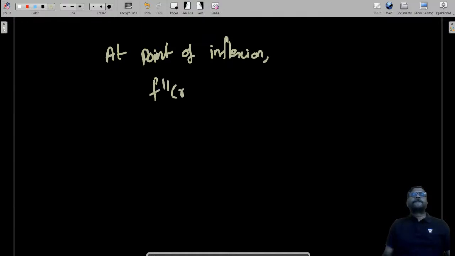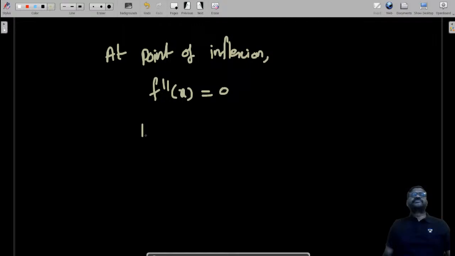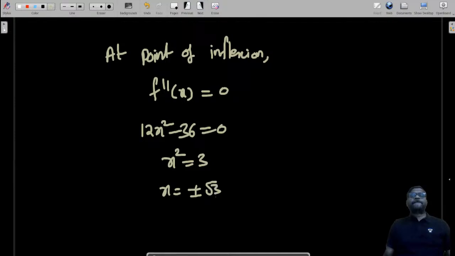So, at a point of inflection, f double dash of x equal to 0. X square equal to 3. X equal to plus or minus root 3.